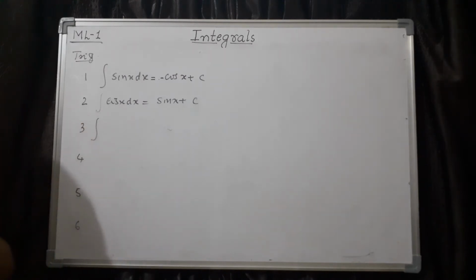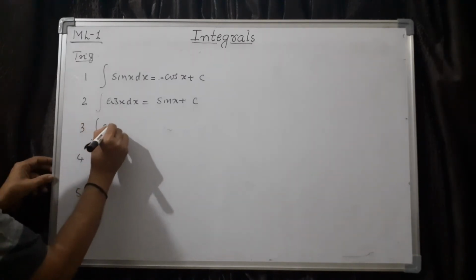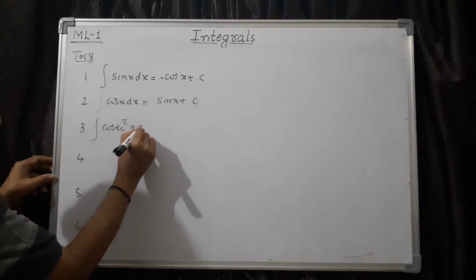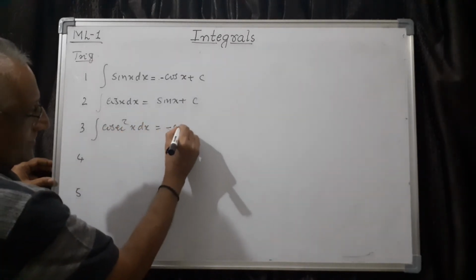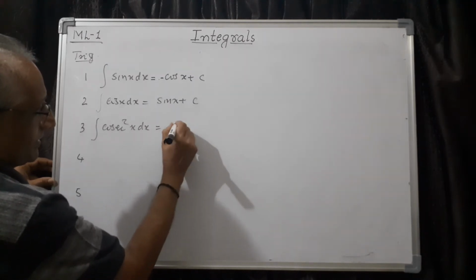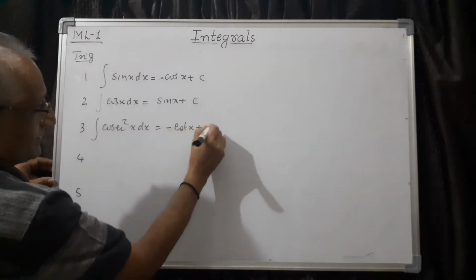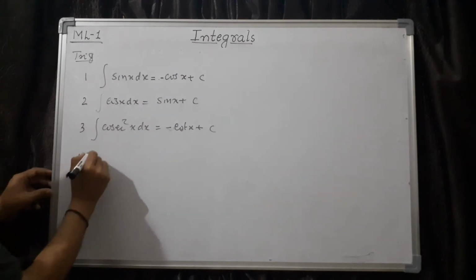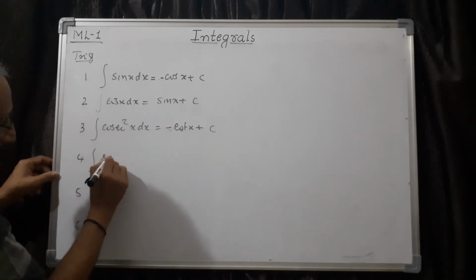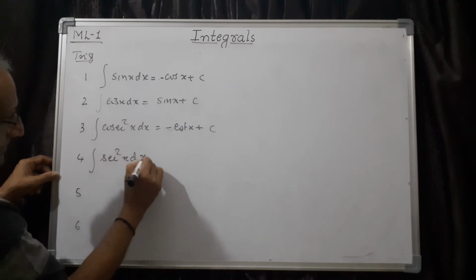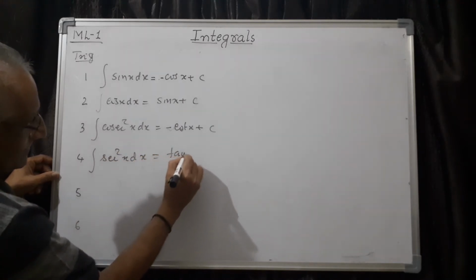So I have to write now, actually, this is the understanding. Cosecant square x dx. This is minus cot x plus c, and I will explain why. Similarly, I cannot write secant, I have to write secant square x dx. This is tan x plus c.